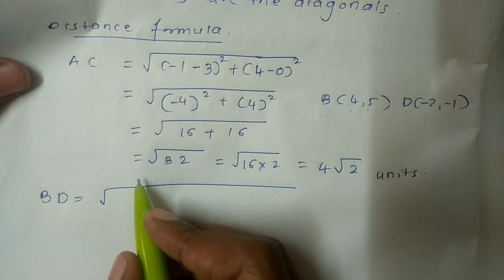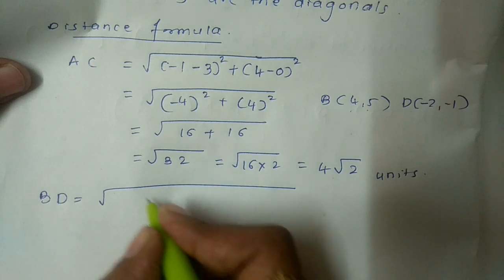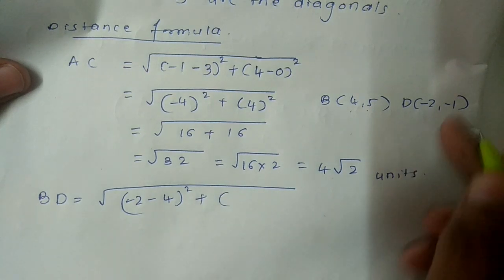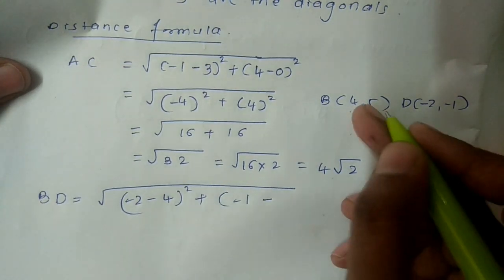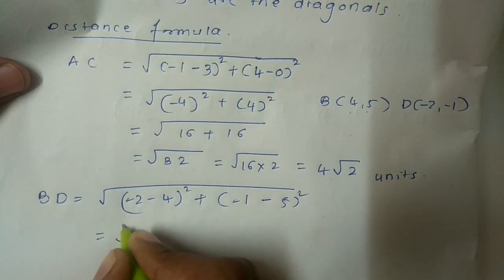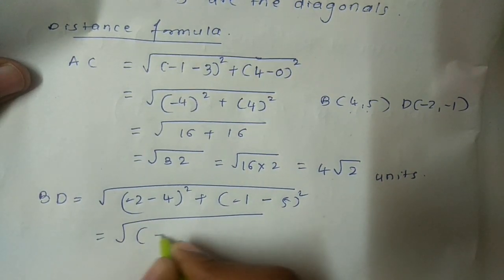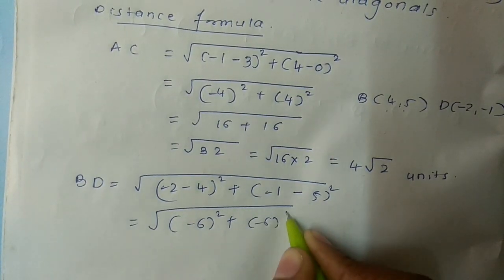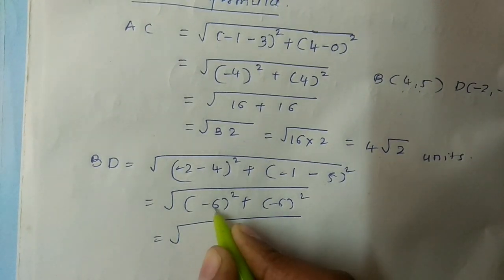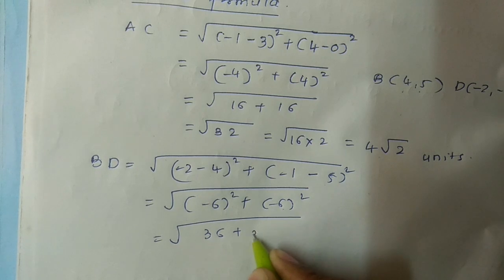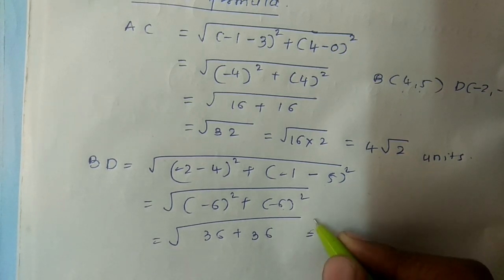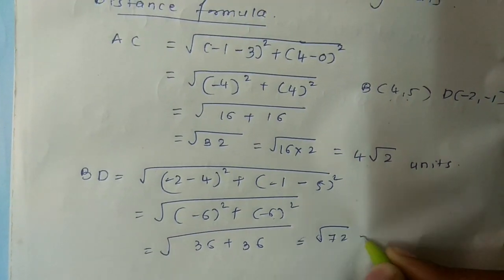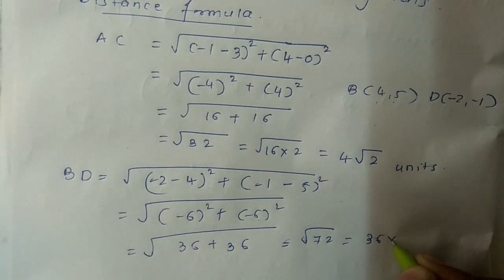The distance formula: x2 minus x1, that is -2 minus 4, its square, plus y2 minus y1, that is -1 minus 5, its square. So -2 minus 4 is -6, its square, plus -1 minus 5 is -6, its square. Minus 6 squared is 36, so 36 plus 36 gives 72, root 72.